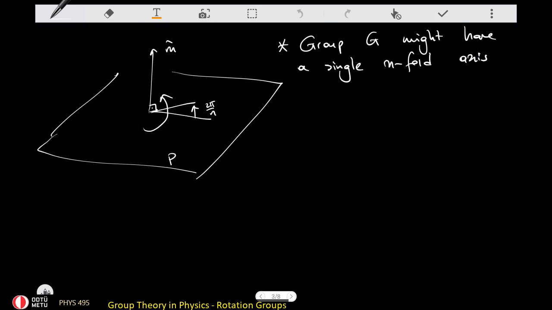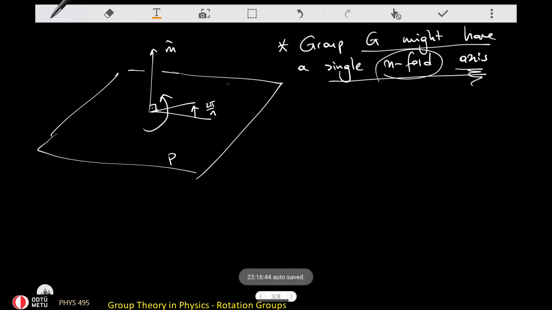There's the situation where the group G might contain only a single rotation axis, and this might be an n-fold axis. This basically corresponds to the thing that I have described in here. Basically consider a plane which is perpendicular to that axis, and call that P. Therefore we can think of this group as rotations of the vectors within that plane.